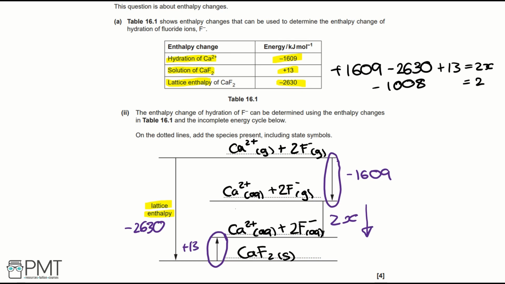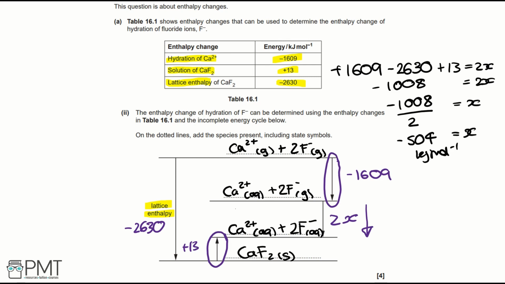So what we've done here is just work our way around the energy cycle, find an alternative method, and we're starting in the same place, we're ending in the same place, which means our value will be the same and correct. So then to find x on its own, or the enthalpy change of hydration on its own, we take minus 1008, divide this by 2. That gives us our final x value of minus 504 kilojoules per mole.